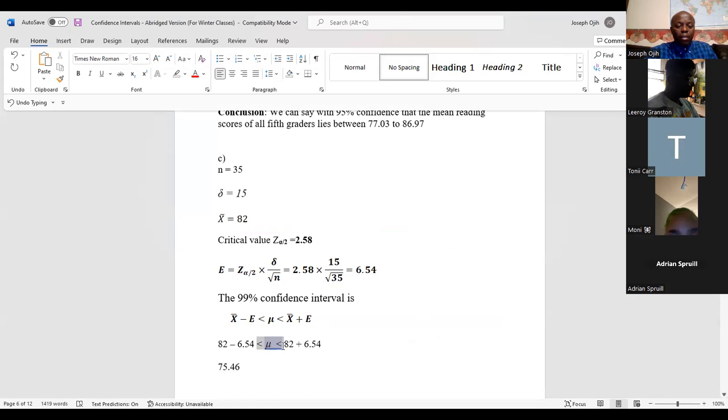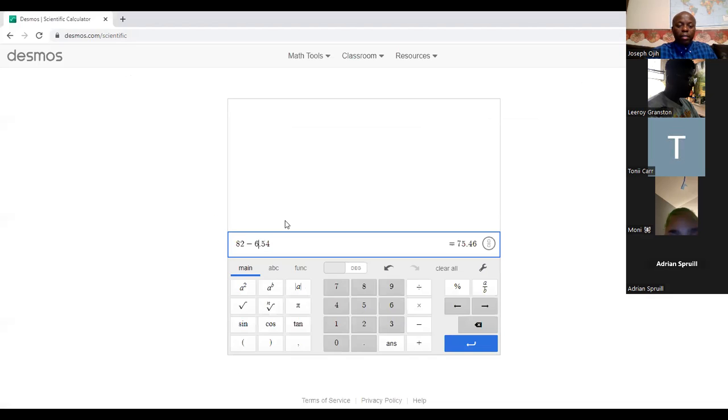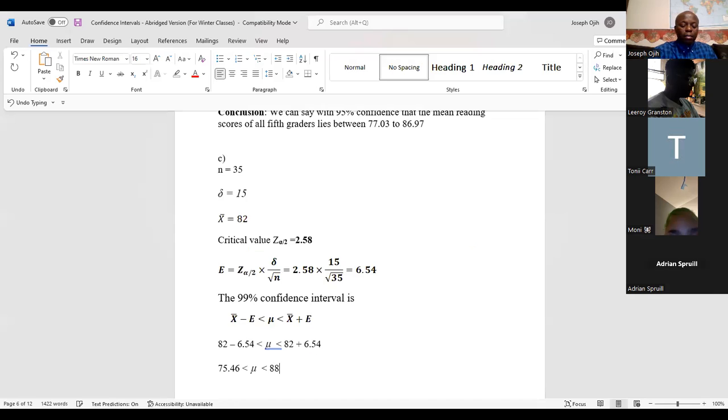On the right side, you add it. Here, instead of minus, add it. That gives 88.54.